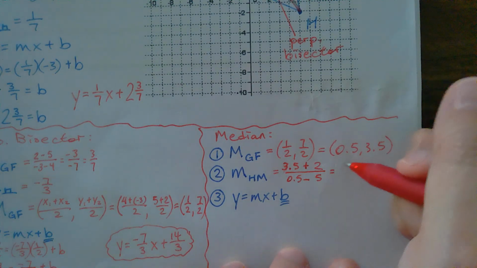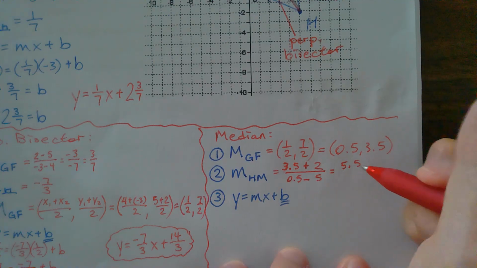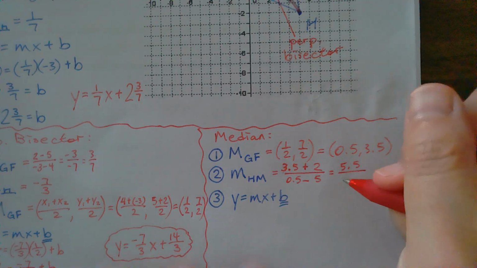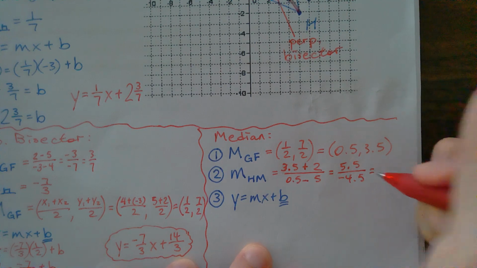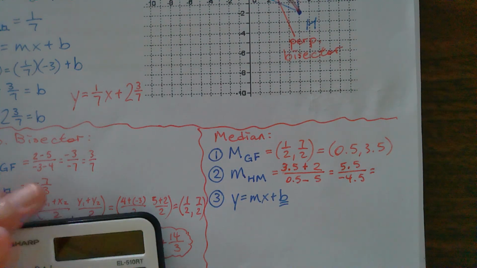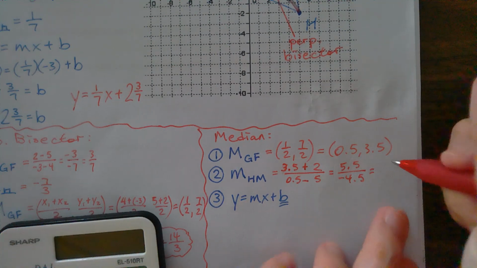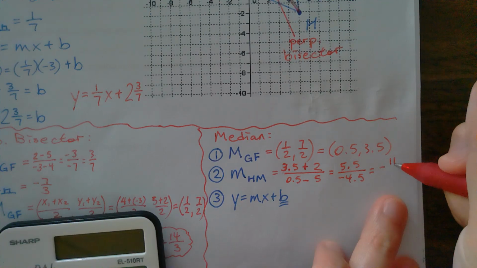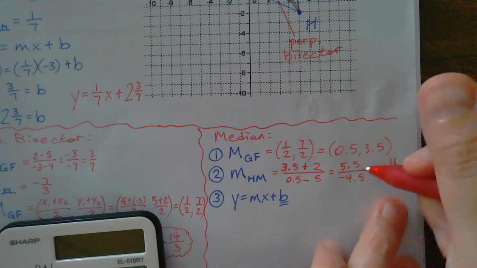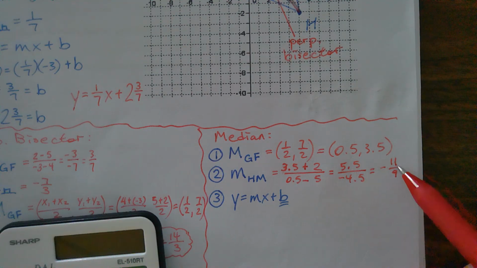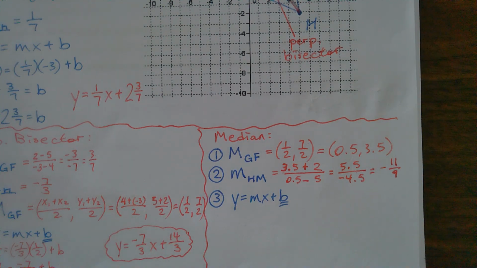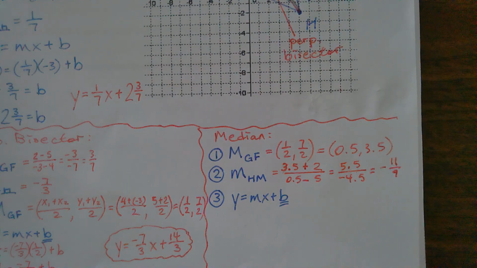When you do that, you get 5.5 over negative 4.5. So it is negative 11/9 if you multiply both by 2 to get it back to fraction form. That's a little trick you could do on the exam as well. Change it to a decimal and then change it back to a fraction. If you have one of those fancy calculators that does fractions for you, then you have no problem.